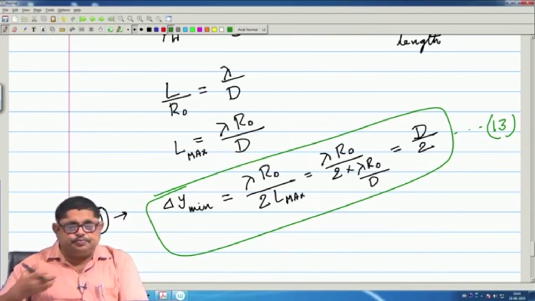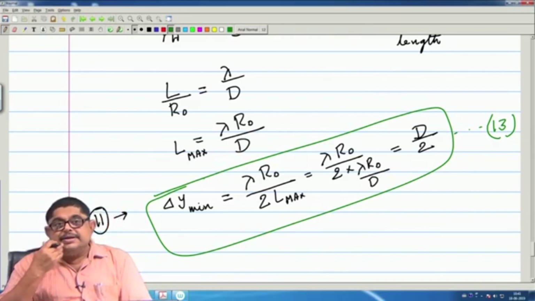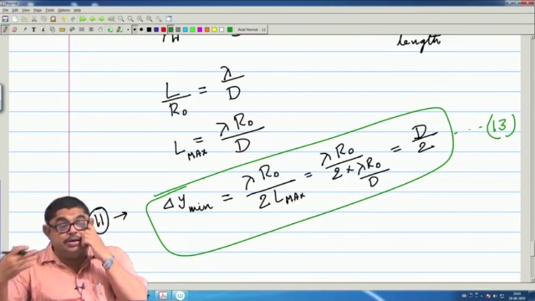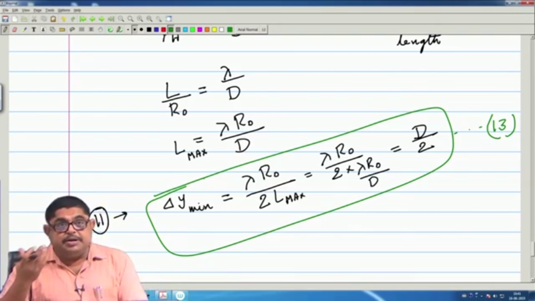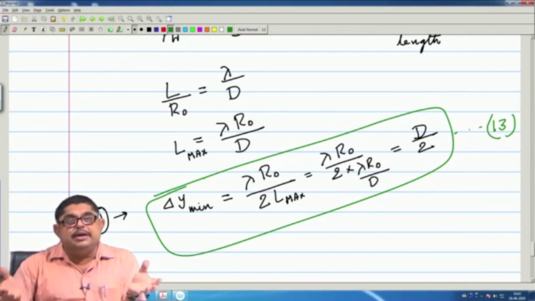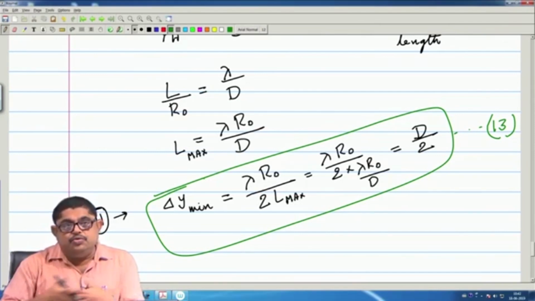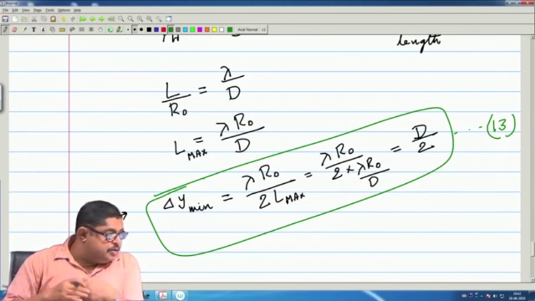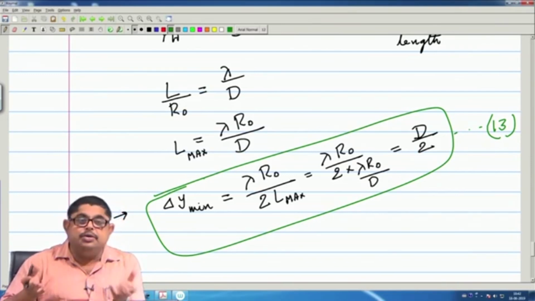To answer that question, we need to find the relation between this resolution and the power of the transmitter, an expression that we will derive. But you see this conflict: if you want to reduce the size of the antenna, the power requirement gets more. The same conflict was there in downrange also.